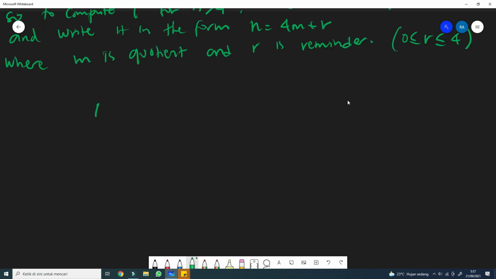The notation becomes i to the power of n equals i to the power of 4m plus r equals i to the power of 4, to the power of m, times i to the power of r, equals 1 to the power of m times i to the power of r, equals i to the power of r.